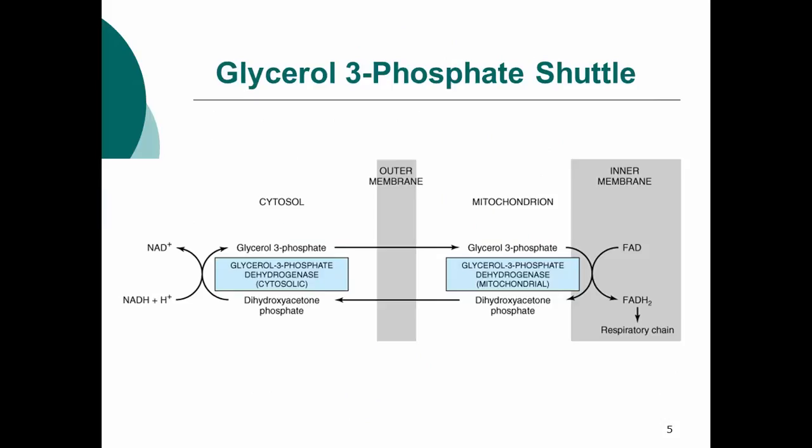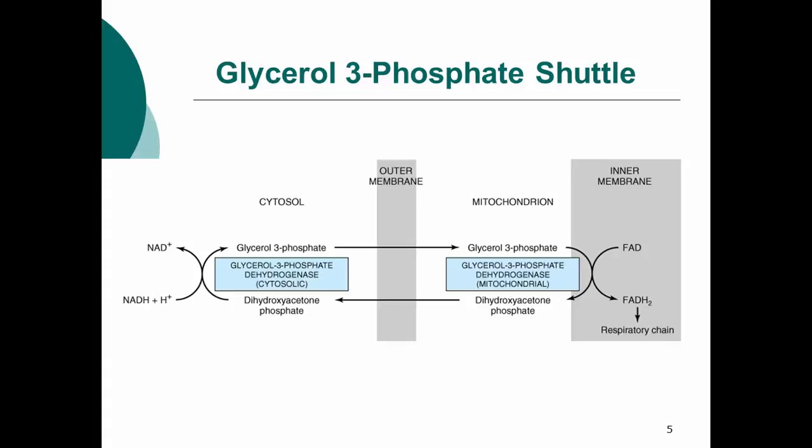And we also talk about the shuttle system. Remember, NADH can be generated in the cytosol from glycolysis, and the mitochondrial membrane is not permeable to NADH molecules. So that means NADH needs a shuttle system to transport its electrons to another reducing equivalent inside the mitochondria.